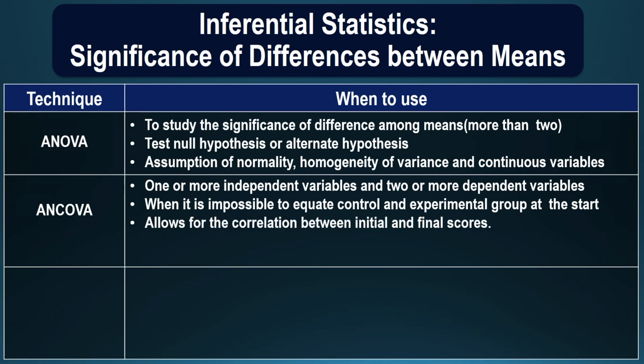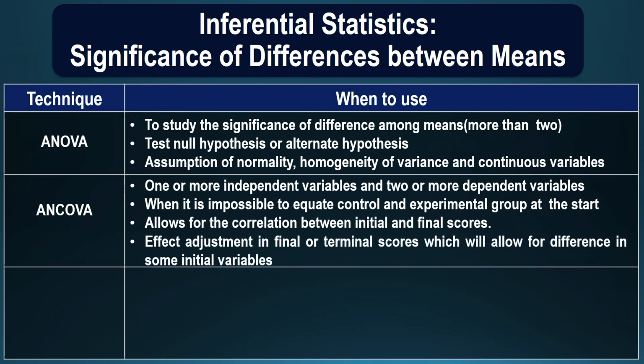And it allows for the correlation between initial and final scores and effects the adjustment in final or terminal scores, which will allow for differences in some initial variable. So you can rule out the initial differences that exist on one of the independent variables.